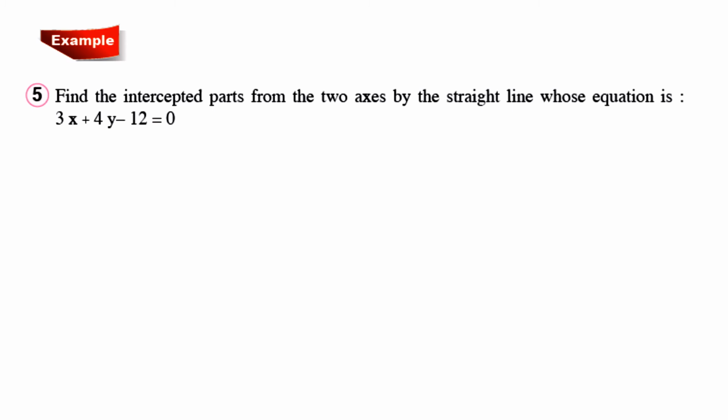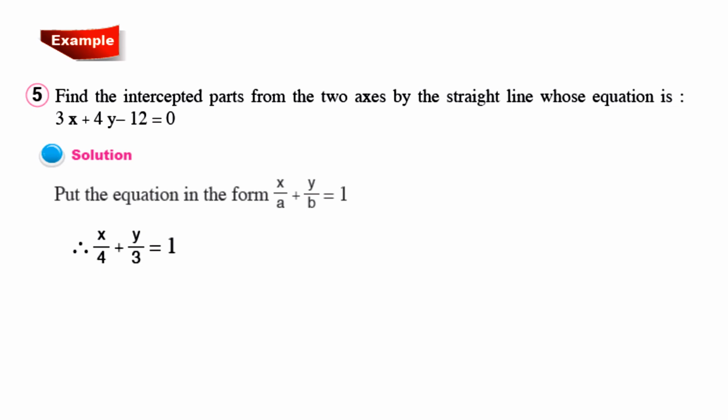Find the intercepted parts from the two axes by the straight line whose equation is 3x plus 4y minus 12 equals 0. We can write 3x plus 4y equals 12. To put the equation in the form x over a plus y over b equals 1, divide the whole equation by 12.